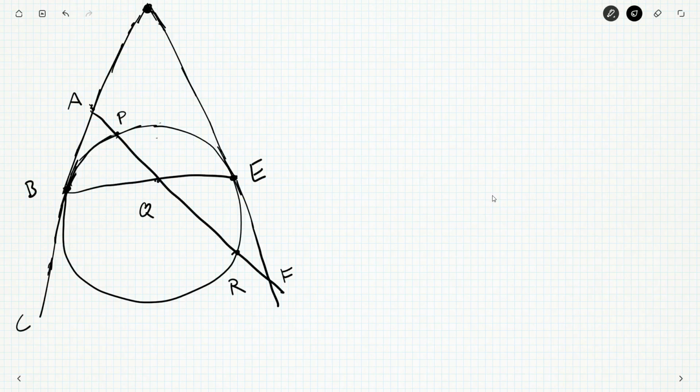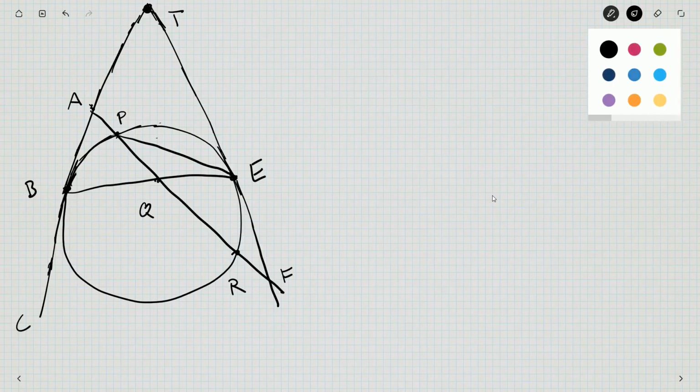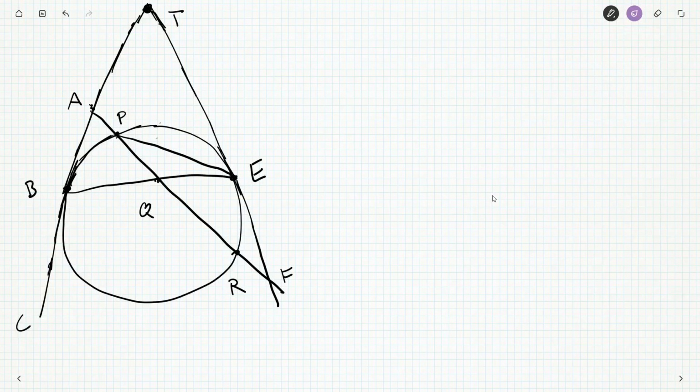R is down here. All right, I'm going to give this a name. We'll call it T for the intersection of the tangents. Let's see, we've got 35 degrees there. It was a 30 degree here, and I think this was 25 degrees.